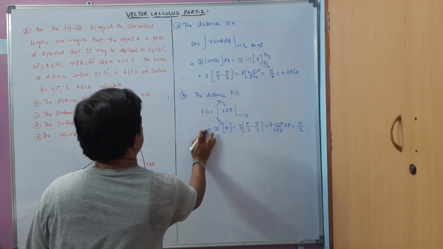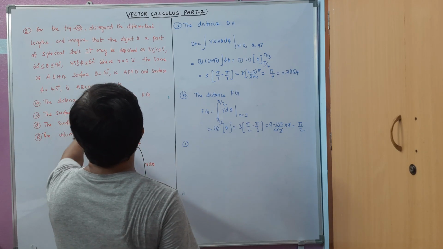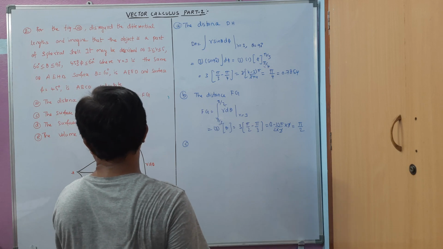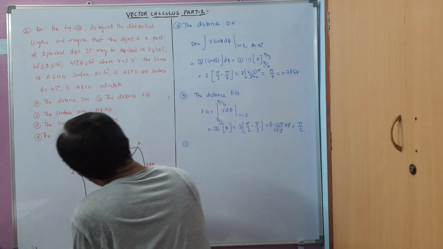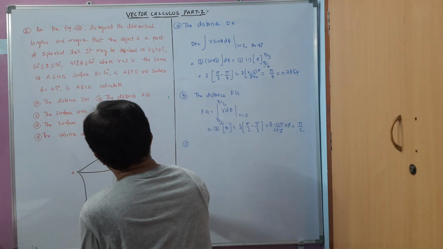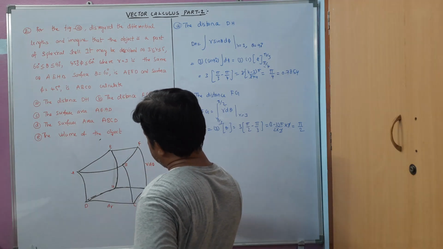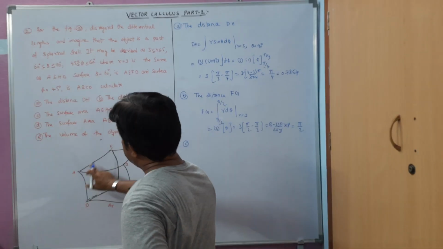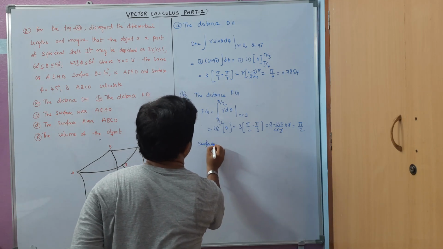And let us take the C question here. C is the surface area AEHD. Along this you can see r sin theta d phi, and along this one we have r d theta. So we have to multiply this side and this side in order to get the area of AEHD.